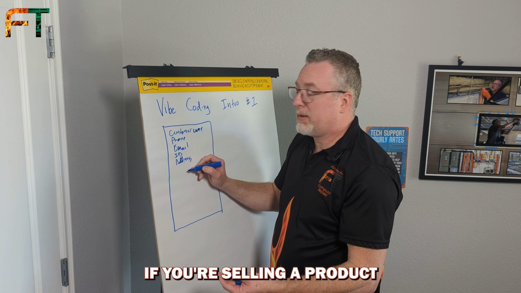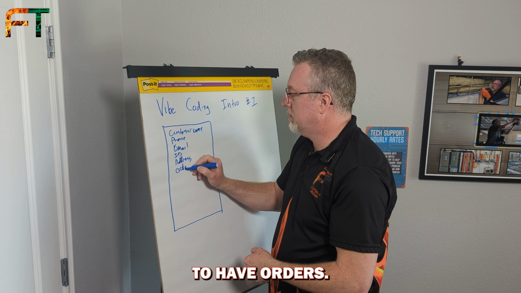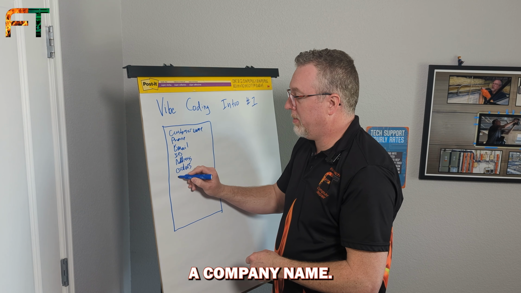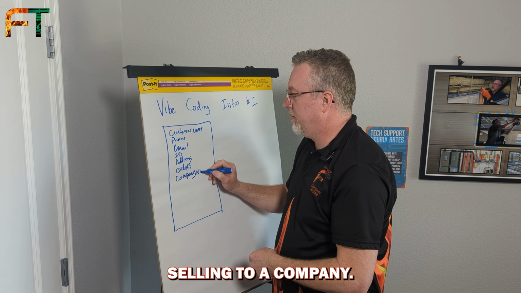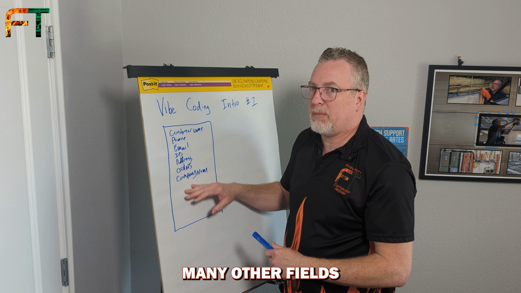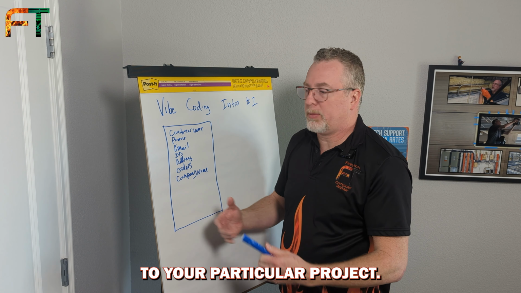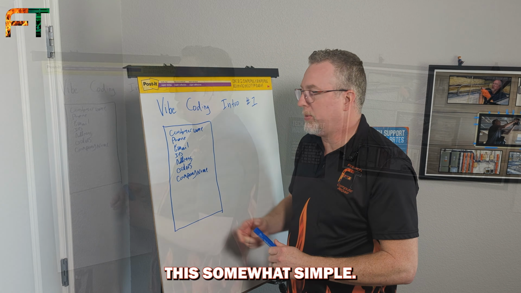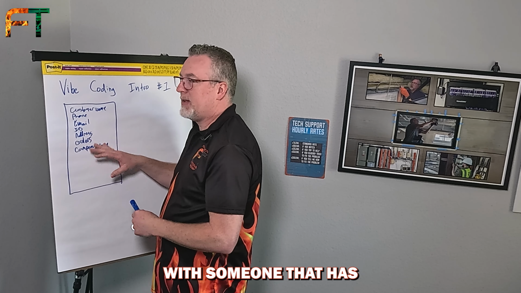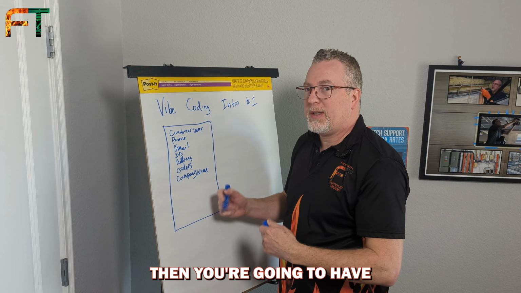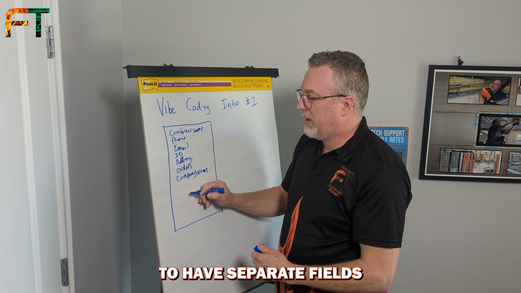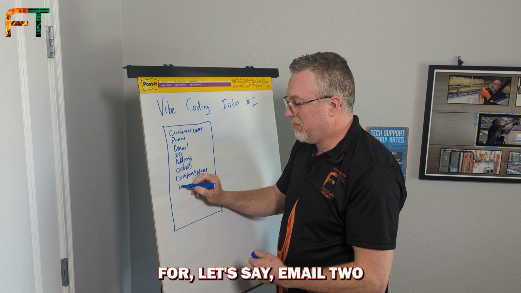If you're selling a product, then you're going to have orders. You may also have a company name if you're selling to a company. And there may be many other fields that relate to your particular project, but we're going to keep this somewhat simple. If you're dealing with someone that has more than one address, more than one phone number, then you're going to have separate fields for, let's say, email 2.